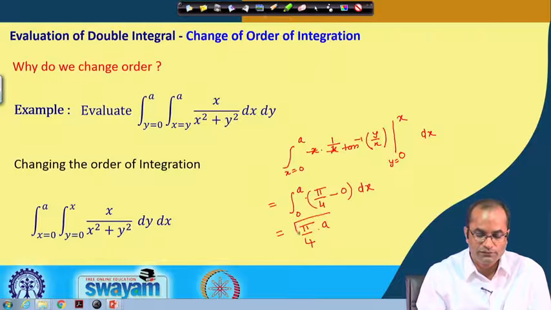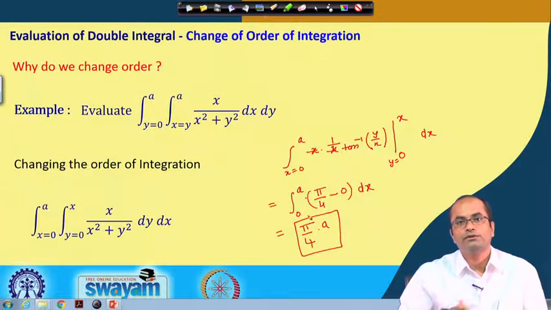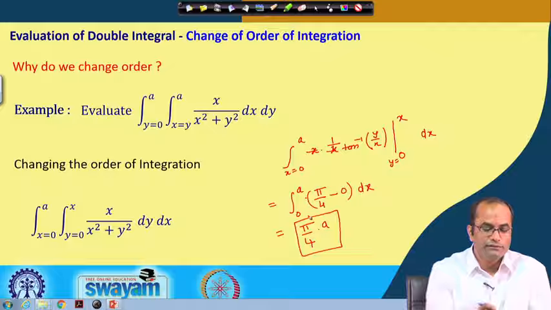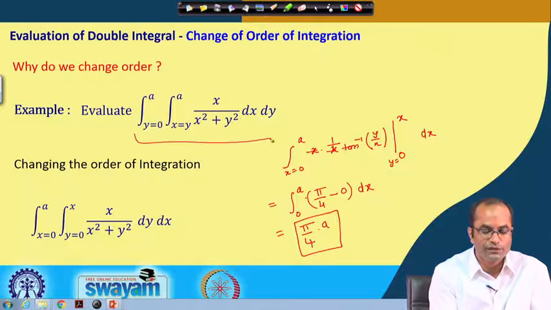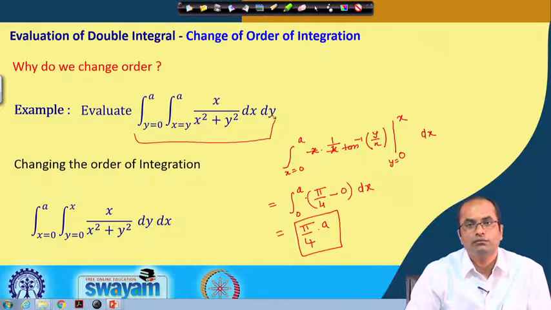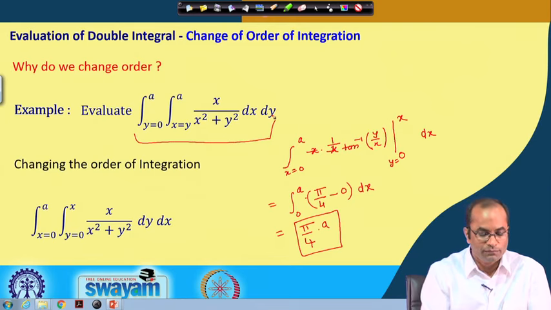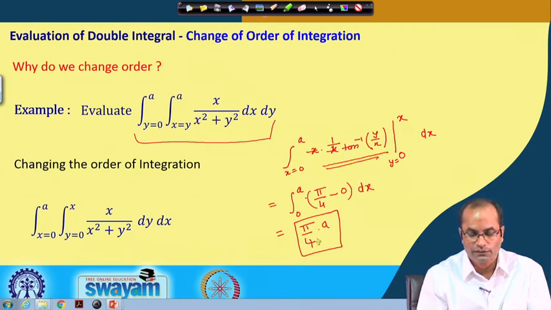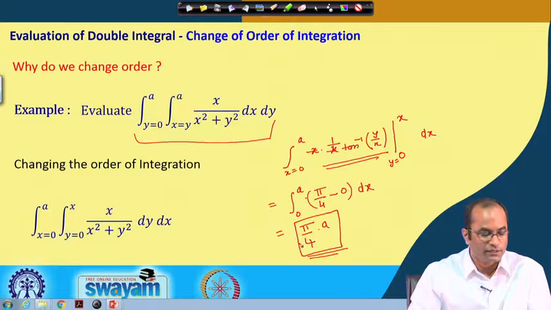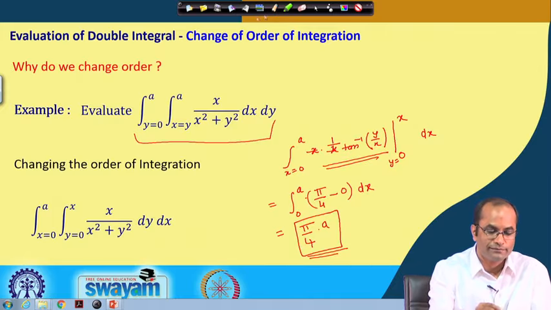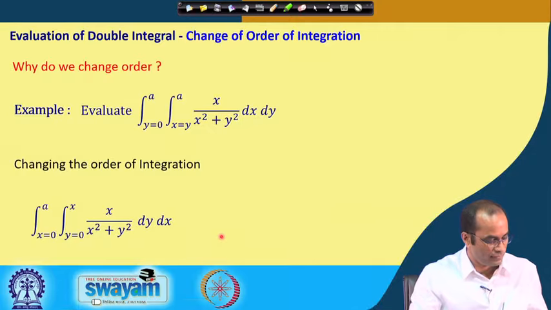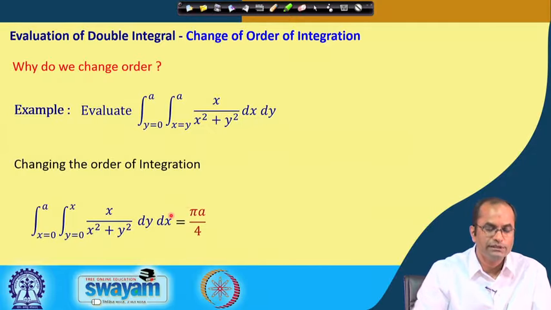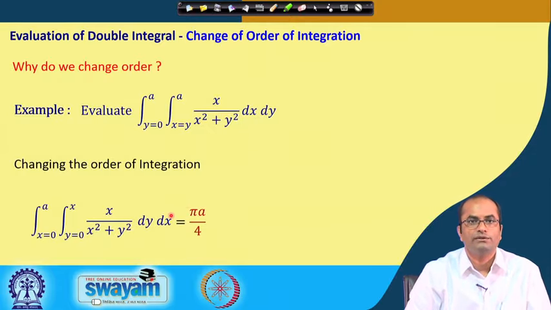So, that is the value of the integral. So, this change of order was very useful. If we had not changed the order of integration, the direct integral was difficult to compute, but just by changing the order of integration, it has become trivial, and we got the value as pi by 4 a. So, the value of this integral is pi by 4 into a.